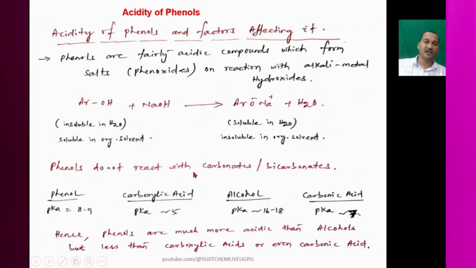Phenols do not react with carbonates or bicarbonates. Phenol pKa is 8.9, carboxylic acid pKa 5, alcohol 16 to 18, and carbonic acid 7. Hence phenols are much more acidic than alcohols, but less than carboxylic acids or even carbonic acid.